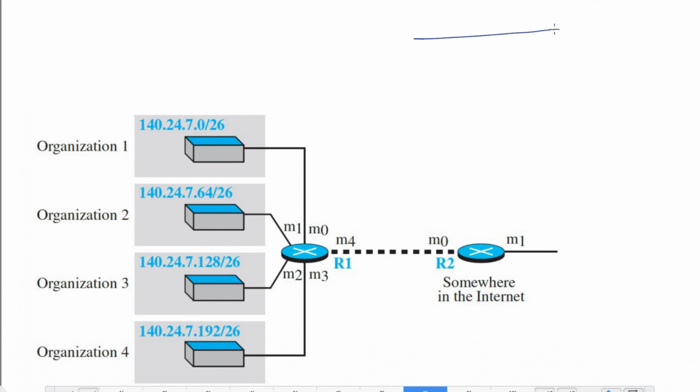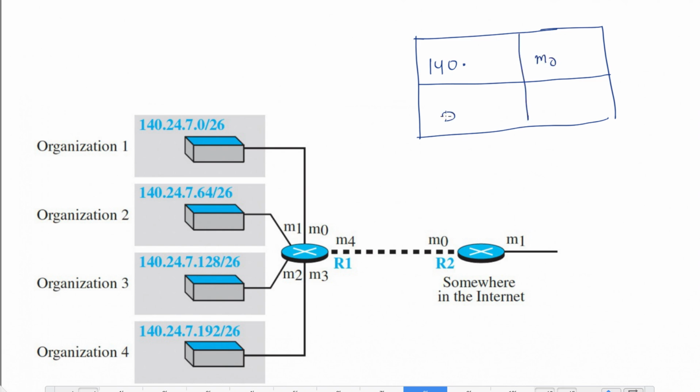I want just one entry which tells me that something that starts with 140, I will send to M0. Otherwise, this is the default route, I will send it to M1. These are the kind of entries I want in the R2 forwarding table.